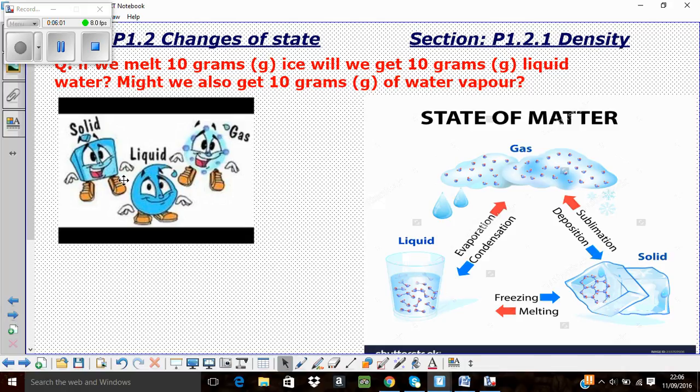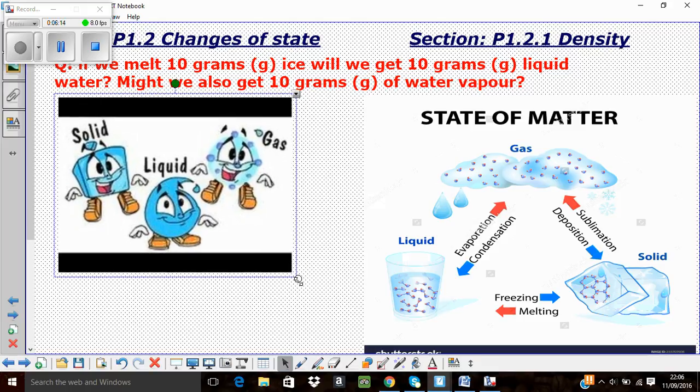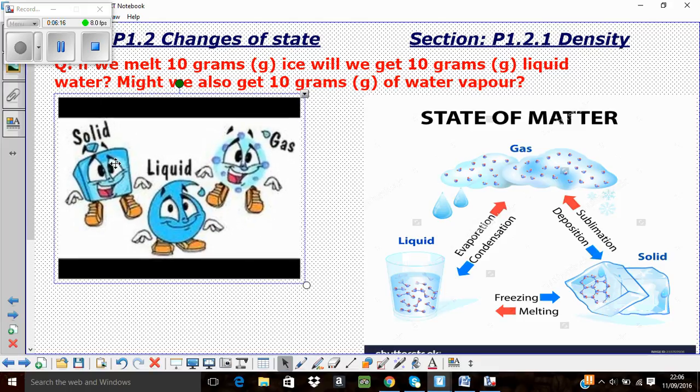If you answered that melting 10 grams of ice will give us 10 grams of liquid water or 10 grams of water vapor, you were right. You received the same amount, because here you have H2O particles, water particles, in solid, in liquid, as in gas.